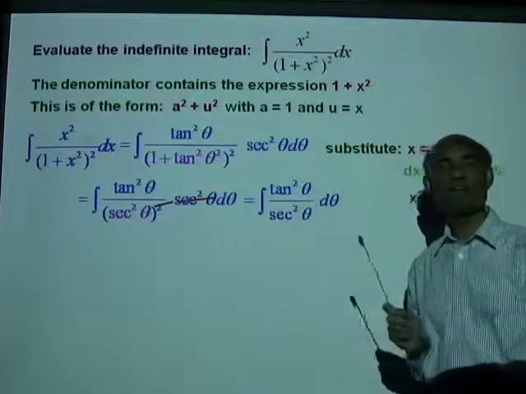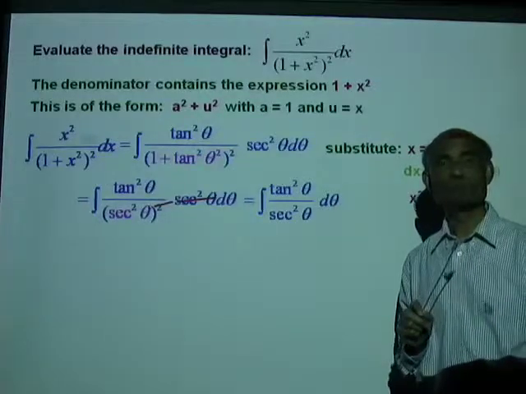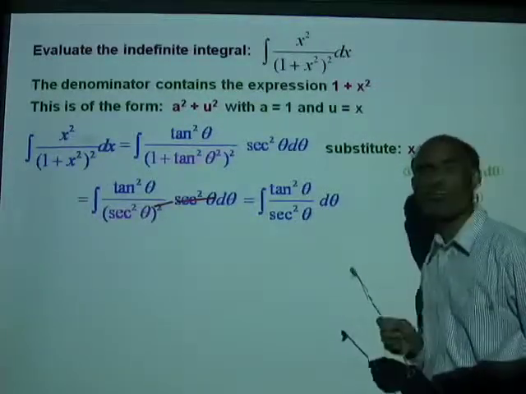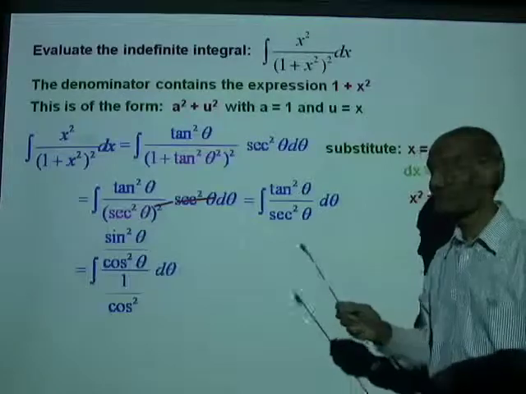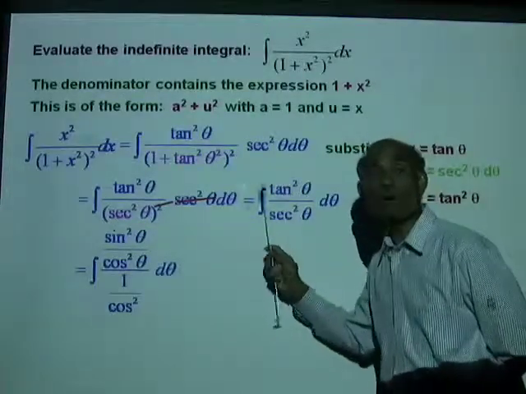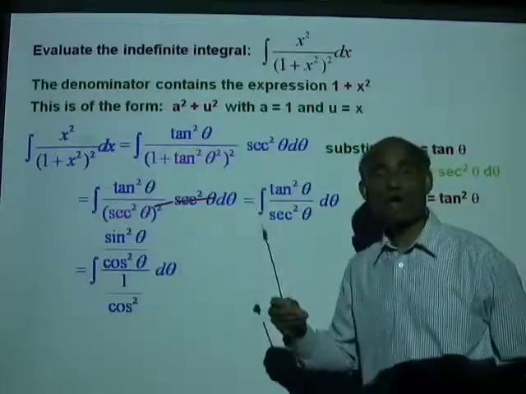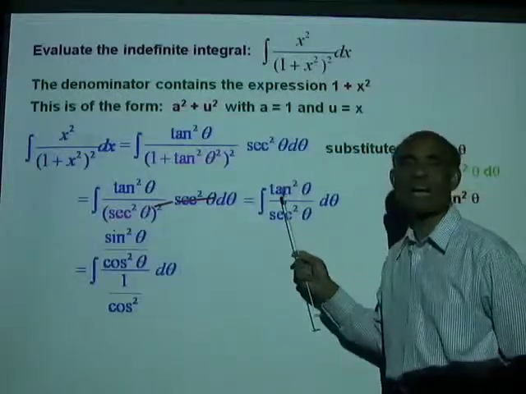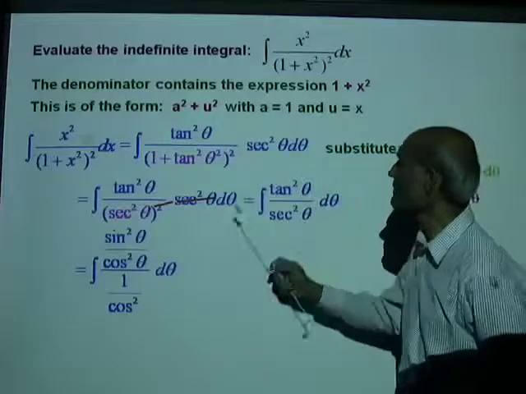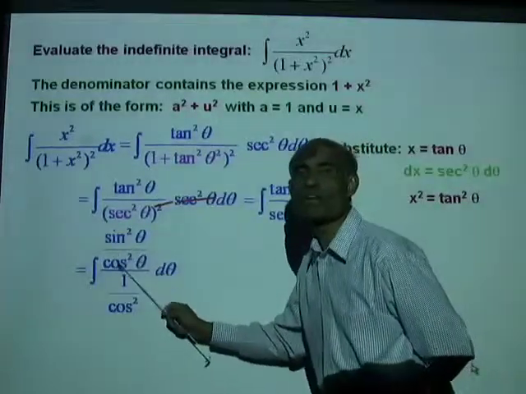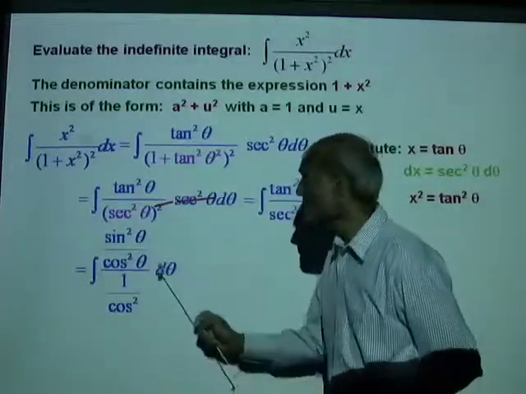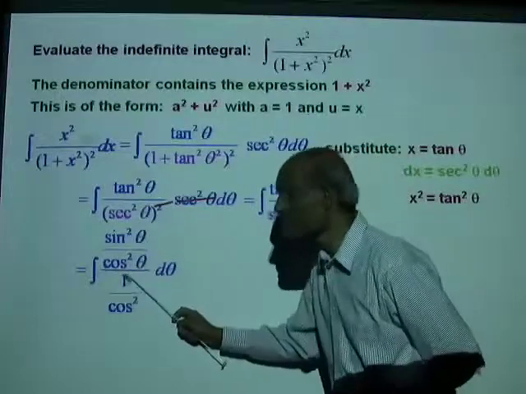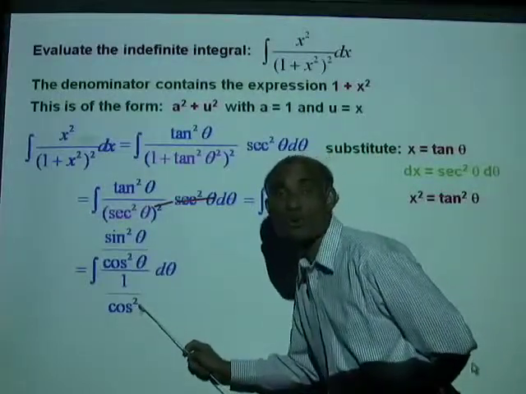How would you simplify that? Well, this is not a form we can integrate easily, is it? So whenever you have tan, cot, cosecant and so on, try and change them to sine and cos. Tan squared theta is sine squared theta over cos squared theta, and secant squared theta is 1 over cos squared theta.